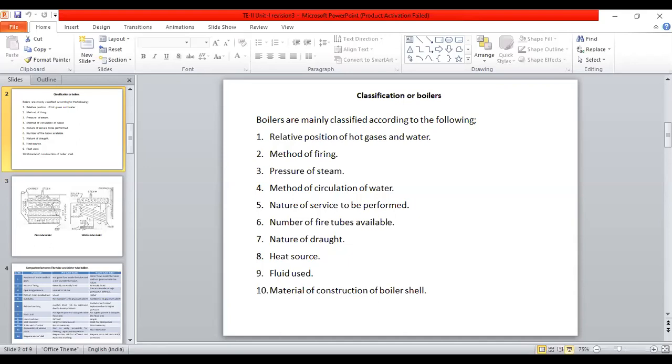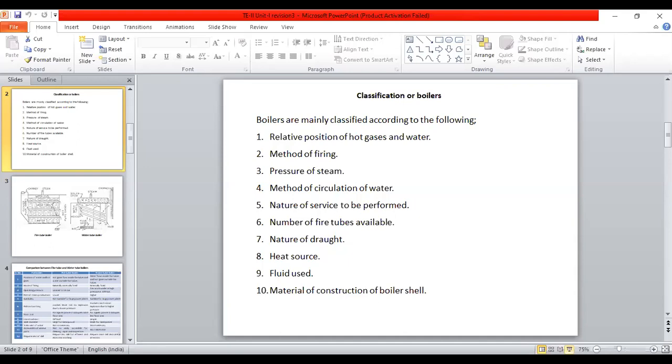Natural draft mainly depends upon the atmosphere, but the artificial draft is either jet draft or mechanical draft. The mechanical draft is further classified into forced fan, induced fan, and balanced fan. So in the case of artificial draft, we are creating the fan in front of the boiler or in front of the chimney.